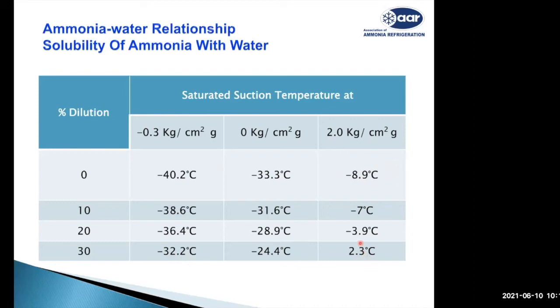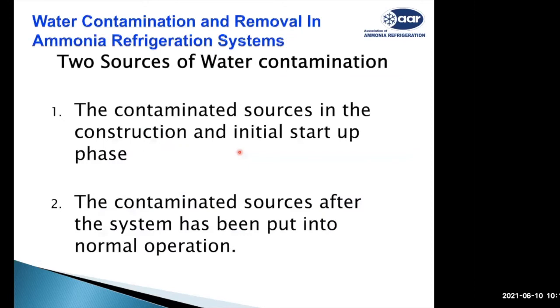So I will not achieve the desired temperature. What this actually implies is that when there is water in ammonia, I will not get my desired suction temperature. It means that I will not be able to run my plant at the desired condition.